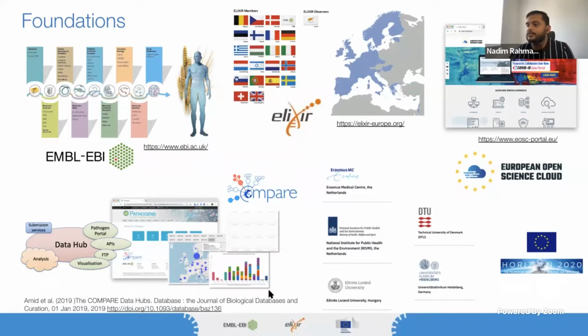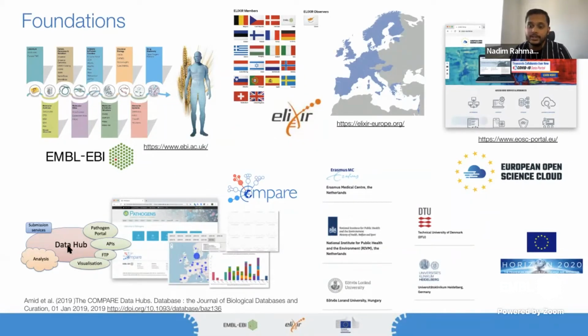Underneath here are the COMPARE data hubs. So these are the precursor or foundations for the SARS-CoV-2 data hubs. There's more about the COMPARE data hubs in this paper that's linked in the slides.